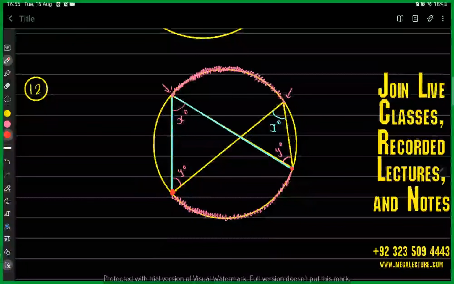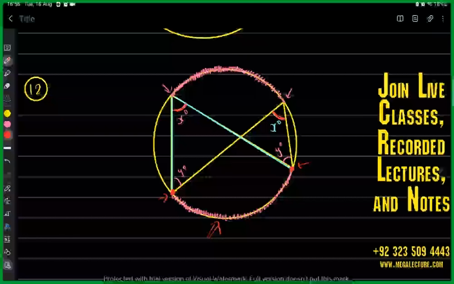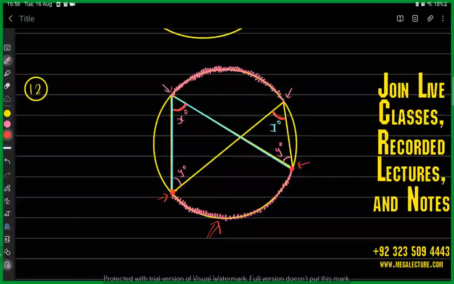This is the ending point of the second line, and this arc is made by x degrees. That is fine. But if you look at this angle, again, it is starting at this point, it is ending at this point, it is making the same arc. So whenever the same arc is being made, the two angles are going to be the same.